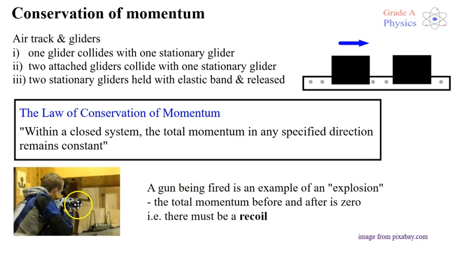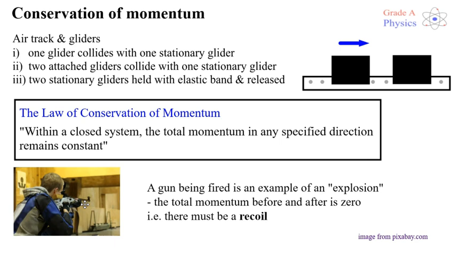One example might be firing a gun. Some of you may have done this, possibly with a shotgun, as a recreational pursuit, hopefully. Before you pull the trigger, the momentum is zero. There's no momentum backwards or forwards. And then this literally is an explosion. It's a chemical reaction, and the bullet or projectile will be fired out the end of the rifle, and then there will be a recoil.